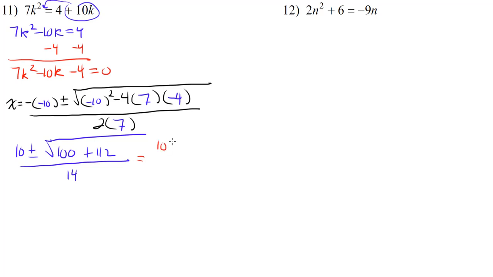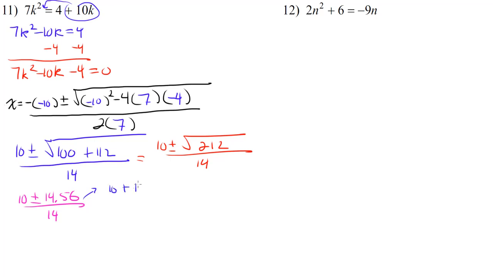We got 10 plus or minus radical 100 plus 112 is 212 over 14. 212 is not a perfect square, so we need to find the square root and round it to the nearest thousandth. And this one actually rounds to 14.56. So we have 10 plus or minus 14.56 over 14.